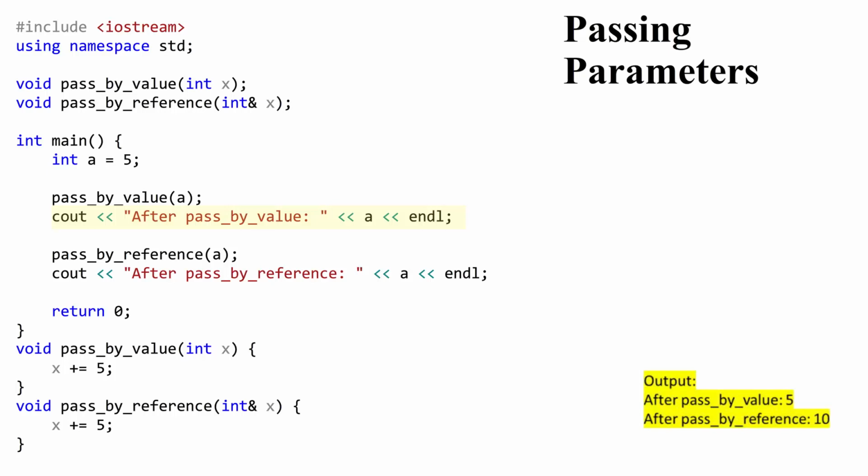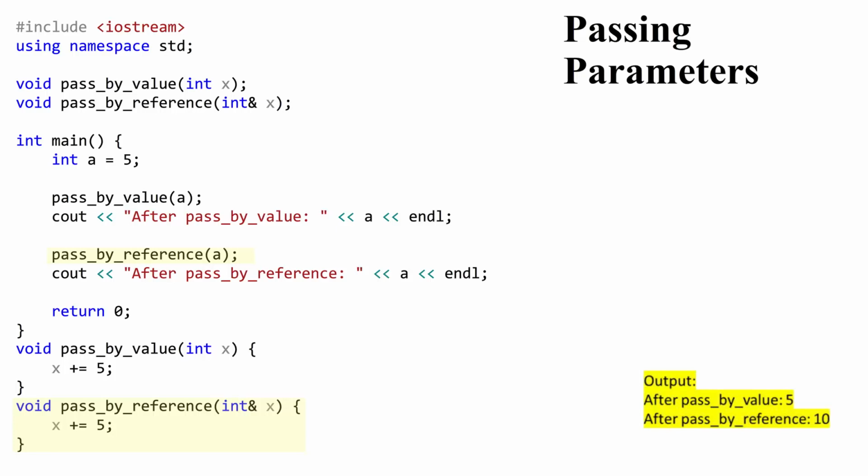Then we have a function called pass_by_reference(a). So this calls the pass by reference function with a as an argument. This function receives a reference to a. So any changes made to the parameter x inside the function will affect the original variable a.